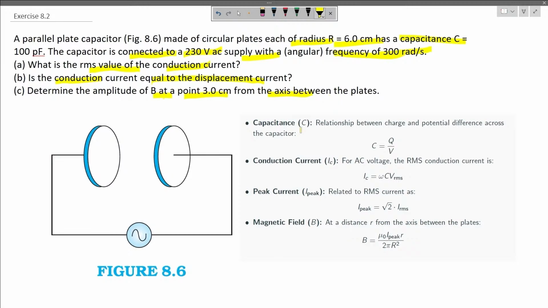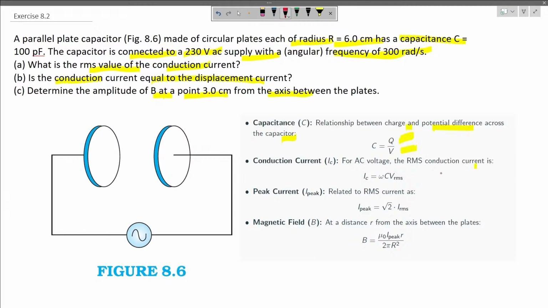Now we know that capacitance is a relationship between the charge and the potential difference across the capacitor, given by C equals Q by V, where Q is the charge and V is the potential difference. For AC voltages, the RMS conduction current is I C equals omega C V RMS.